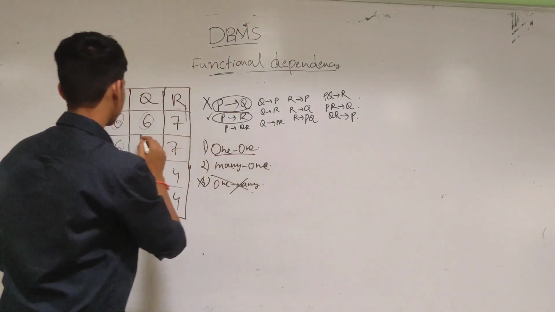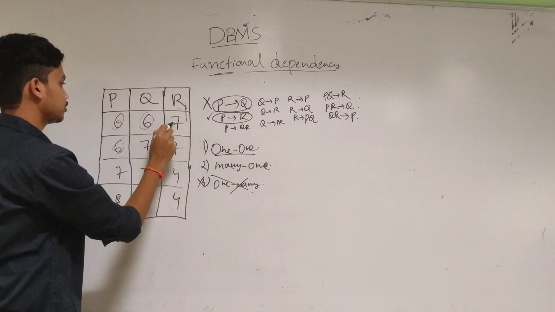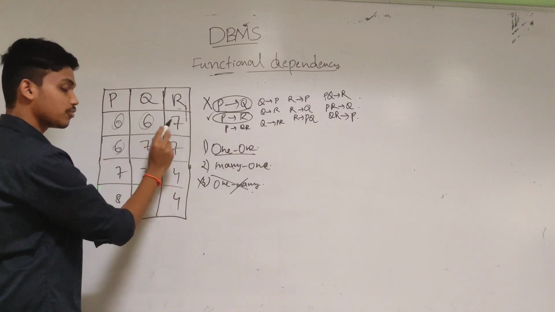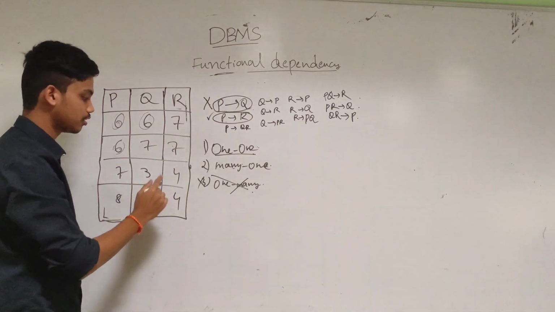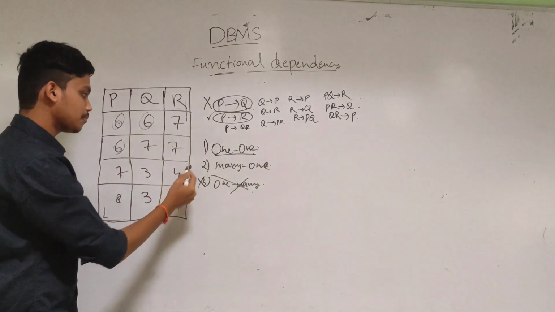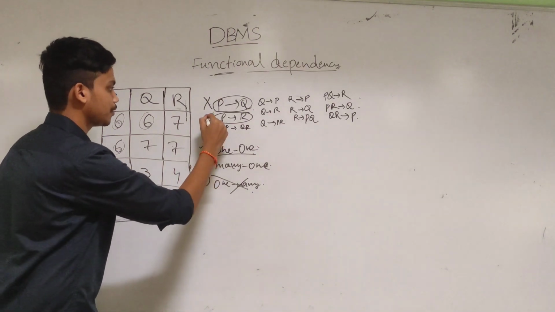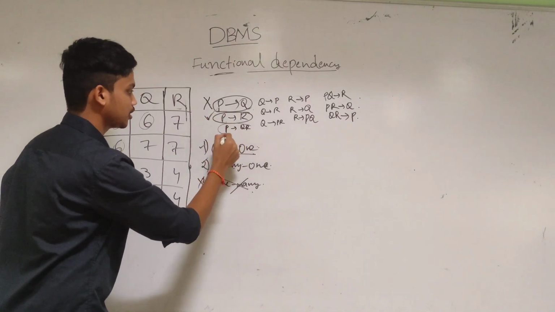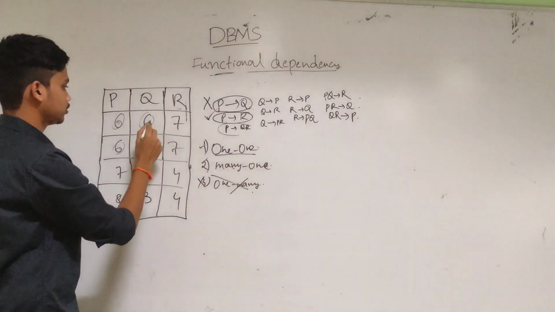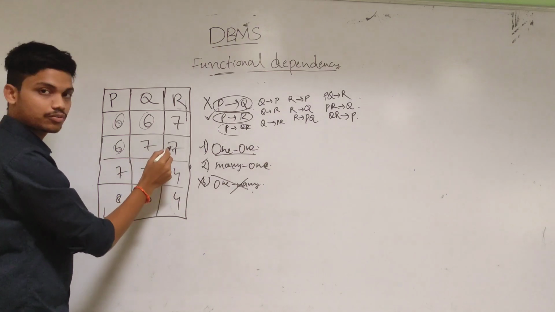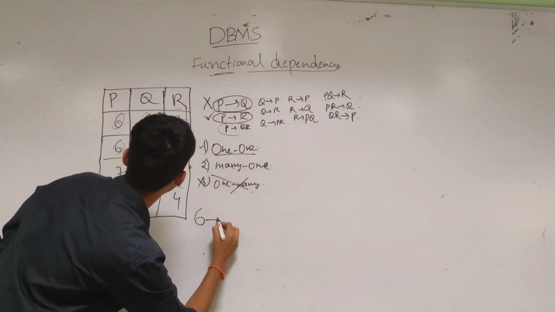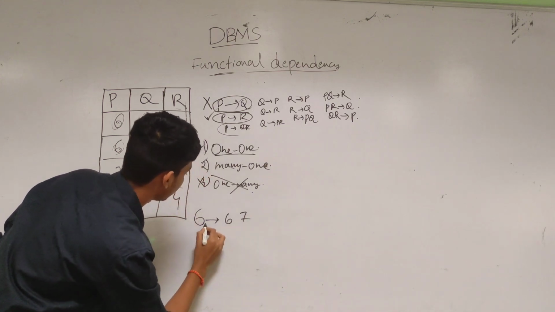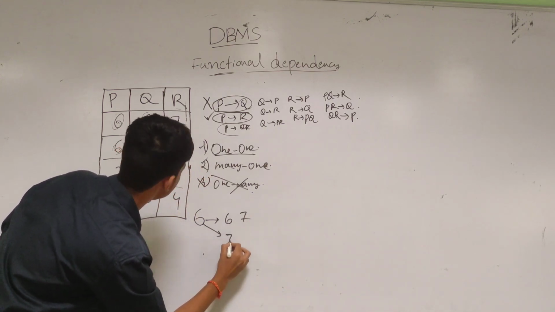Now check this relationship PR: 6, 7, 6, 7. This is a one-one relationship. 7, 4, 8, 4. It is also a one-one relationship. It is many-one. Maybe that is also true. So P to R is valid. Now let us check P to QR. 6, 6, 7, 6, 7, 7. It is one-many, because 6 goes to 6, 7, and the same 6 goes to 7, 7.